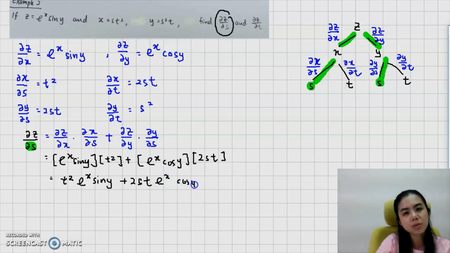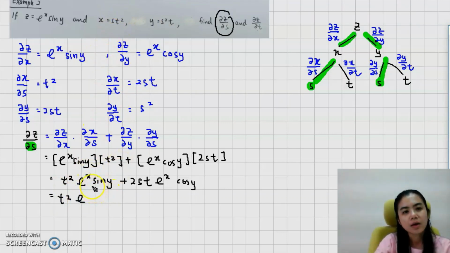Again, we don't leave our answer in x and y because we're looking for the partial in s. All those not related to s, you have to change, but we will keep the t together with the s. The x and y you have to change. Where to change it? We go back to here. The t we keep, so we have t squared, but the x here is this one, st squared, and the y here is s squared t.